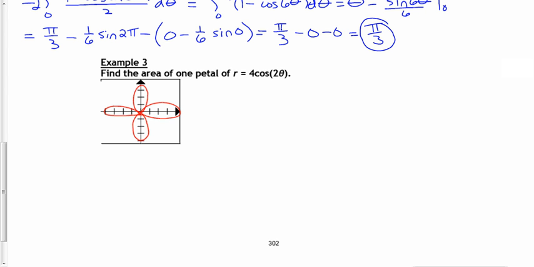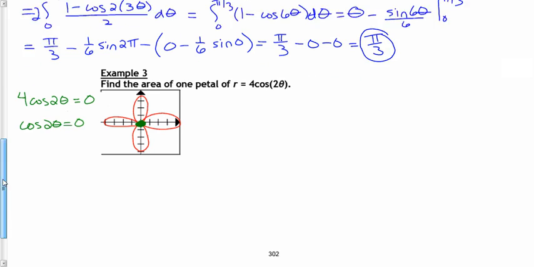So what I need to do is figure out, where is this thing equal to 0? So 4 cosine of 2 theta, where is that equal to 0? Because this has to be the starting point of any petal, it has to be at 0, 0. So I want to know when that is equal to 0. Well, that's when cosine of 2 theta is equal to 0. And cosine is equal to 0 at pi over 2 and 3 pi over 2.